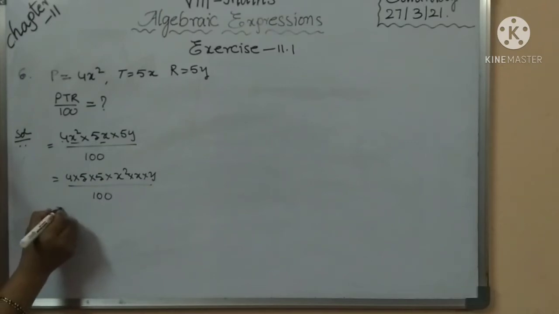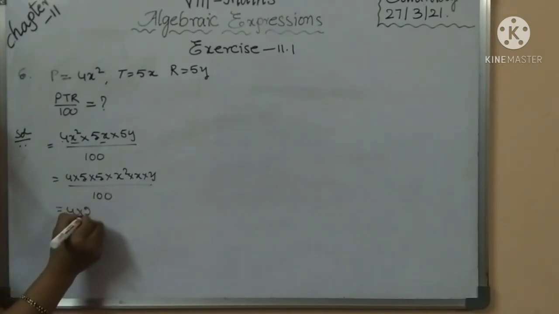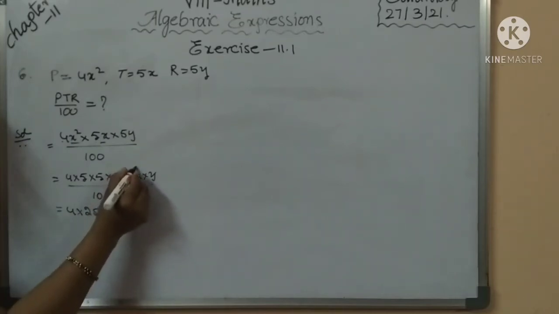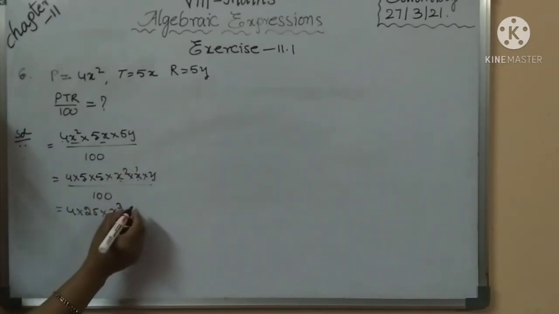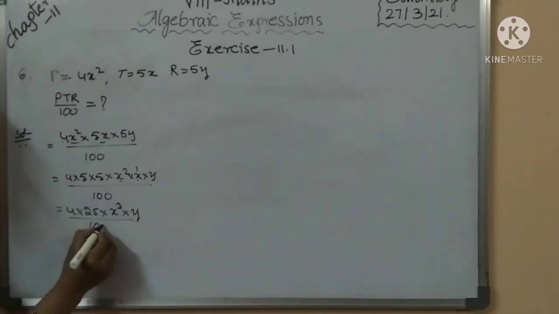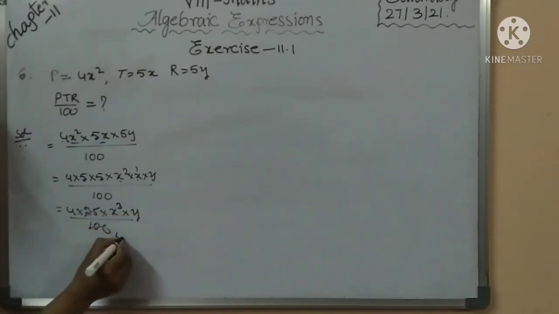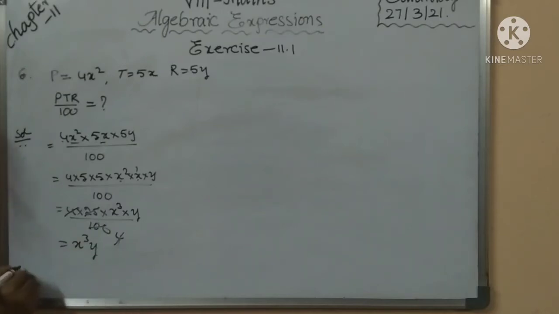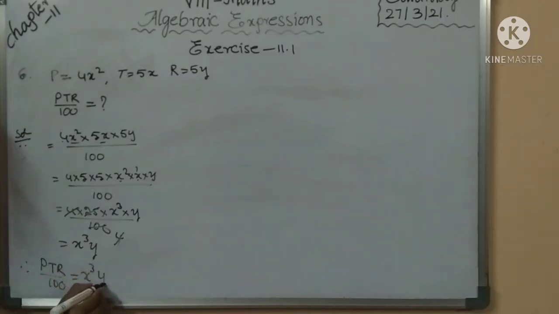Here 4 into 5 fives are 25, into x square into x; bases are same, so exponents are adding: 2 plus 1, 3, into y. Now by 100: 25 how many times is possible? 4 times. 4 twenty-fives are 100. So the 4's cancel, remaining x cube and y. Therefore PTR by 100 is equal to x cube y. It is the sixth solution.